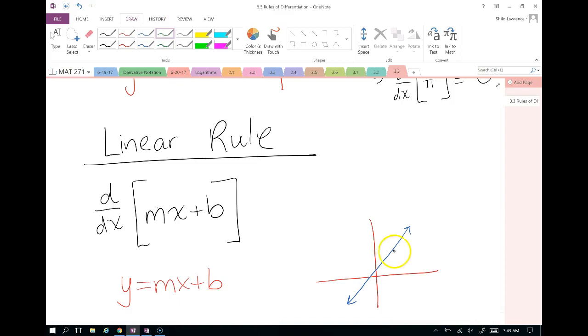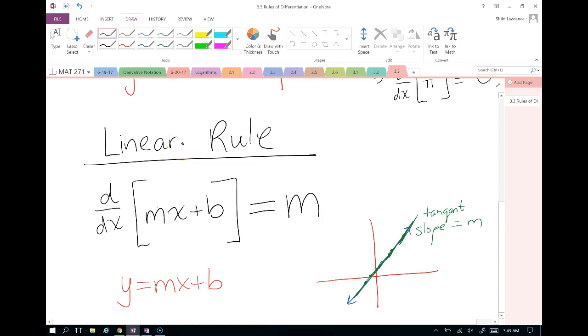But because it's a straight line, if you were to try and draw a tangent slope, it would be right on top of your line, and it would be the same everywhere. The tangent slope would always equal m. It would be whatever the slope of the line is. The plus b, the intercept, isn't going to make any difference on the slope. This is always going to be equal to m.